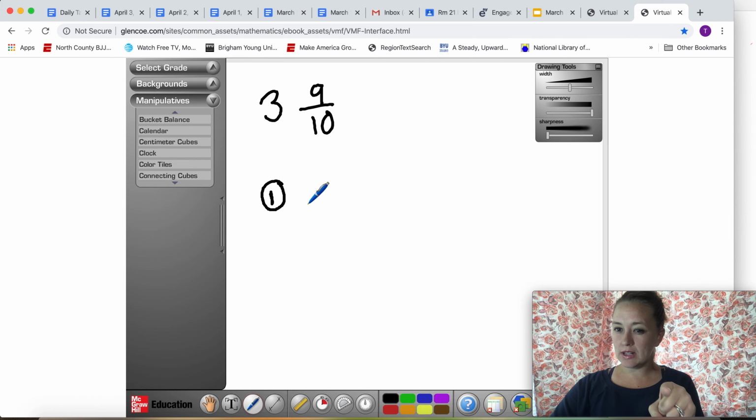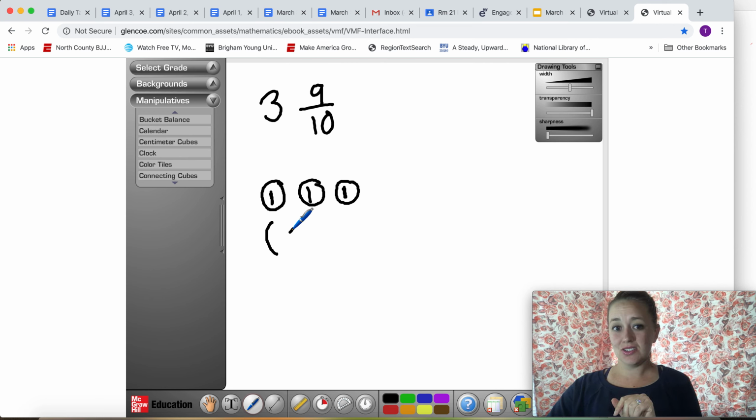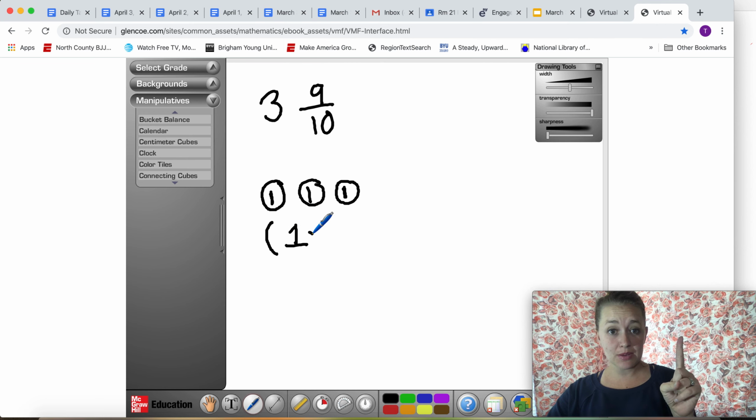Well, how many ones chips would I need in order to get to 3? I would need it 3 times. Okay, and if I wanted to write that succinctly, I could say 1 plus 1 plus 1, but that gets confusing, and it's easier just to do, okay, take a ones chip and have it 3 times.